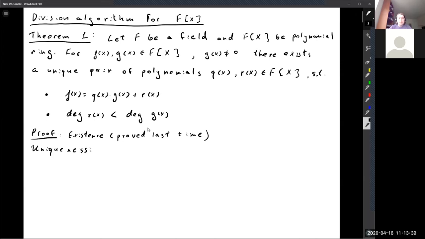So now suppose that this quotient and the remainder polynomials are not unique. Suppose there exist two pairs.